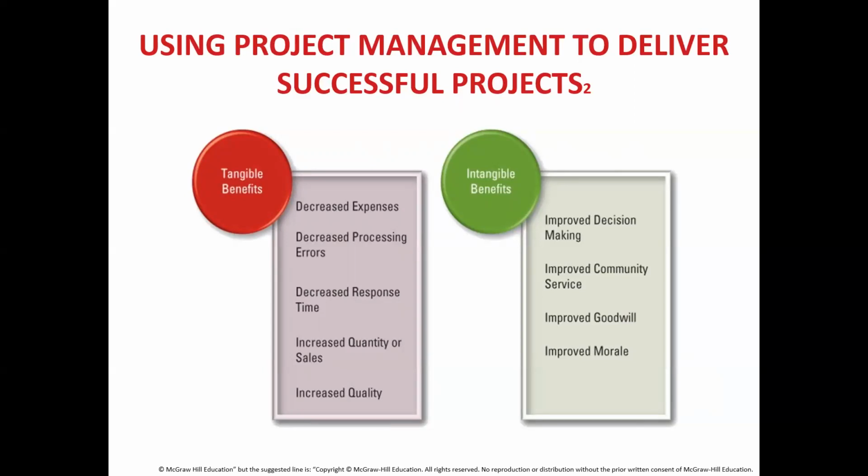This is in contrast to tangible benefits, which are those assets that can be measured, like a cost break on new office computers. Intangible benefits may include improved decision-making, improved community service, improved goodwill, and improved employee morale.